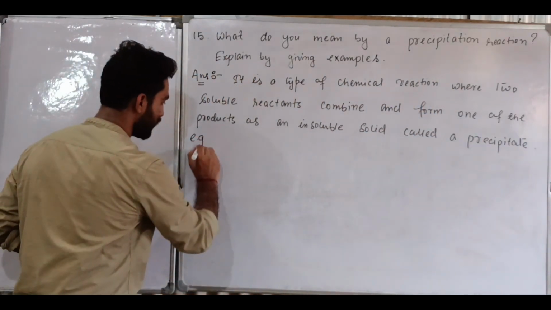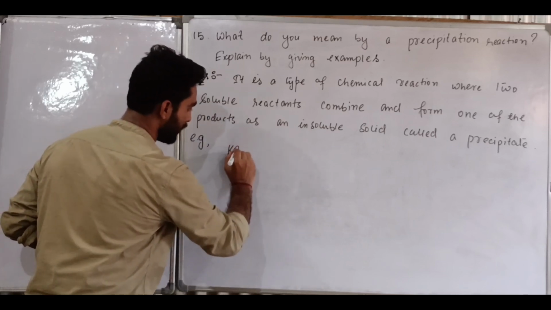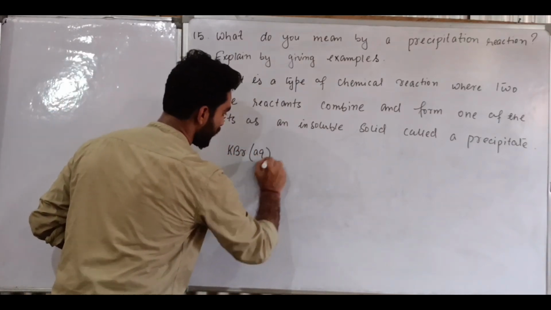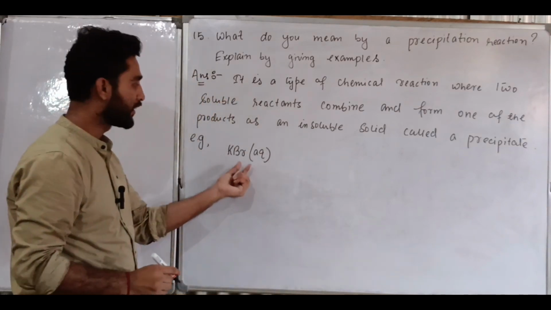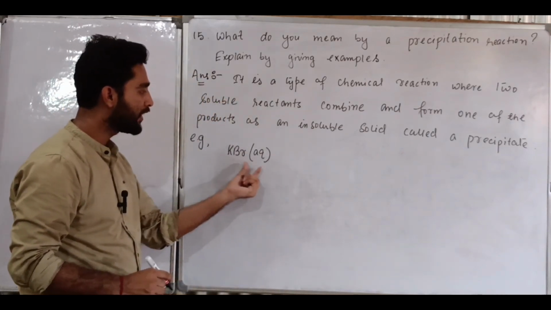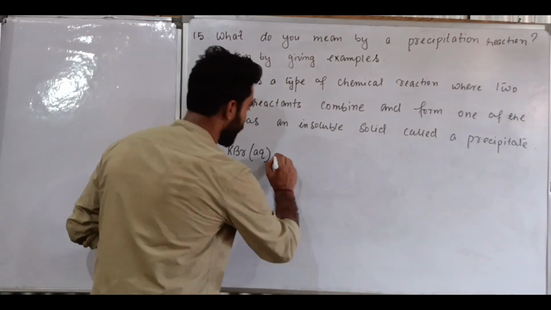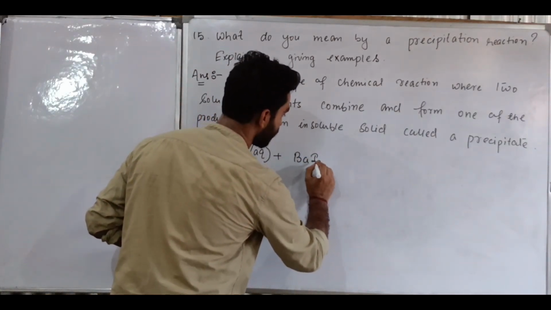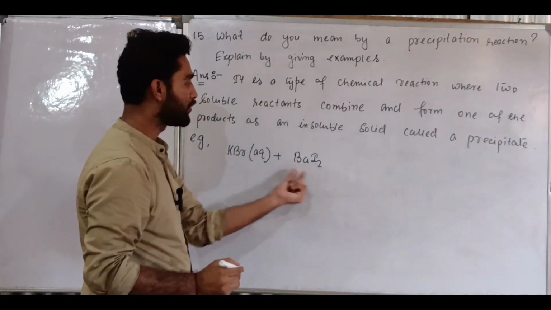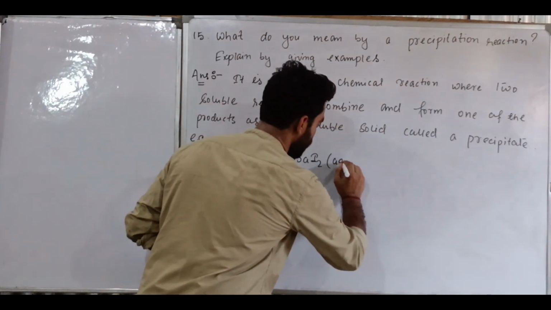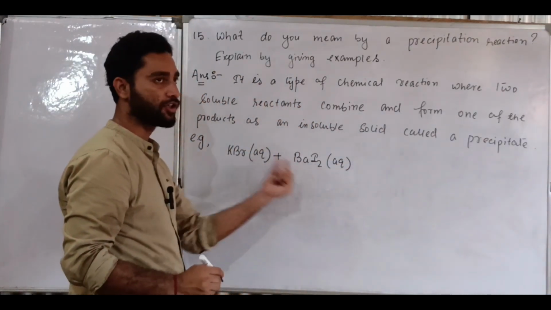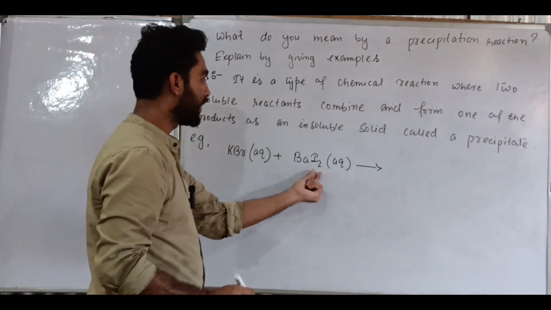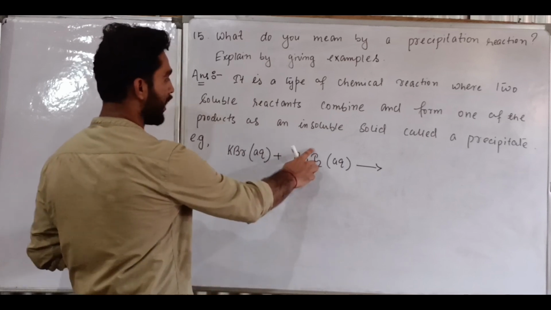Example, say potassium bromide, KBr, aqueous solution of potassium bromide. Aqueous means what? This potassium bromide, it is soluble in water, plus barium iodide, BaI2, barium iodide. It is also soluble in water, aqueous solution of barium iodide. So if they react, here the double displacement reaction will take place.